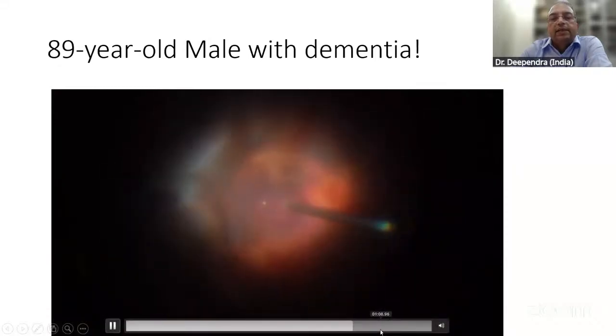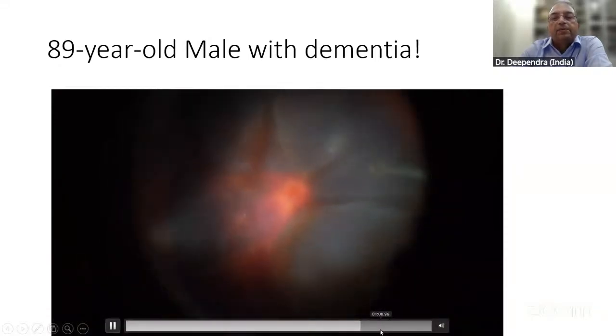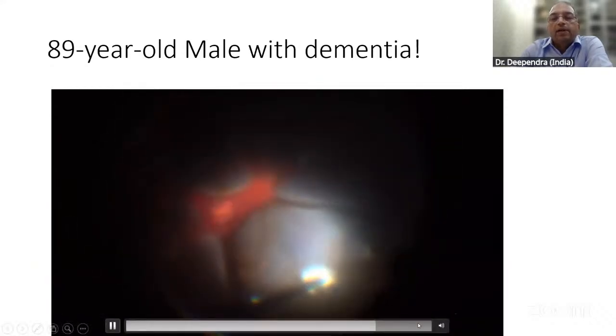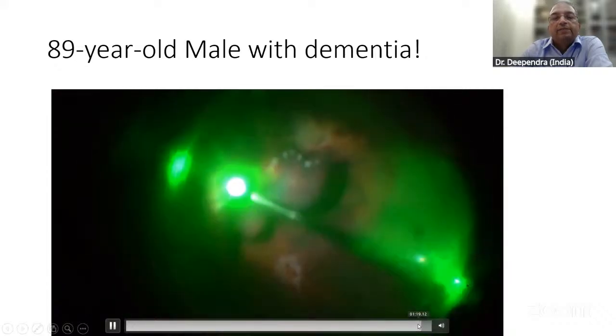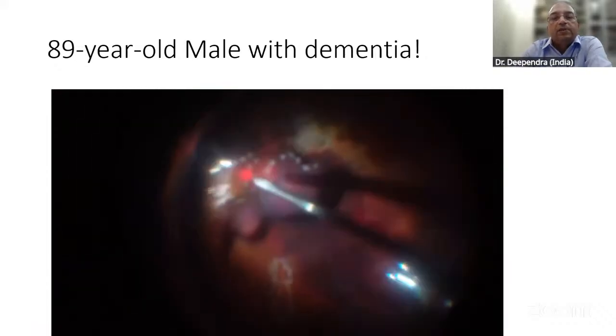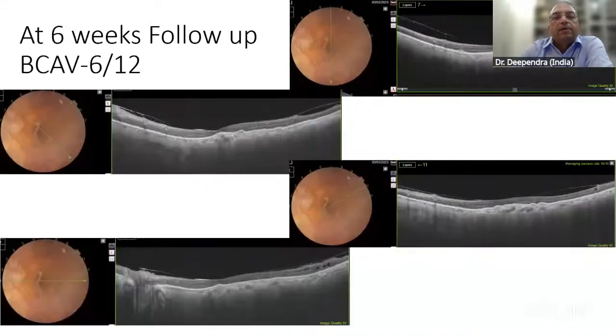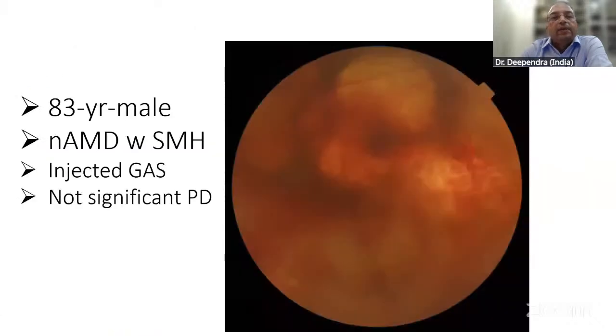You can see there's a lot of shaking happening because my assistants were holding his head. Just 4-quadrant retinotomies and drained as much as possible. You can see the mounds still there. And you see this patient at 6 weeks follow-up, maintaining 6/12 vision and doing quite well.